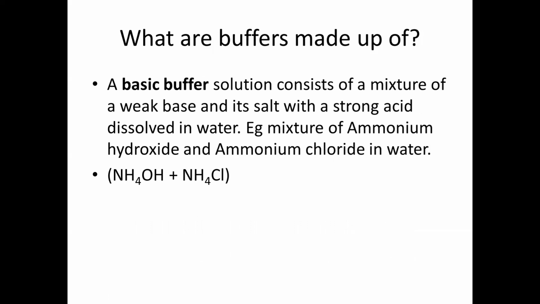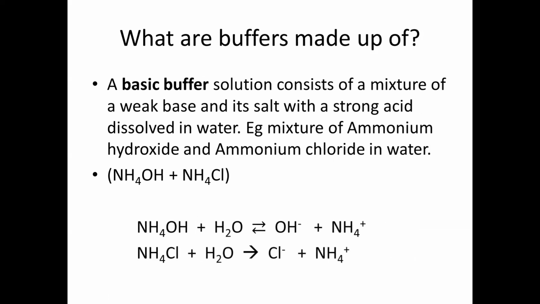Now, with these two components present in water, ammonium hydroxide is in equilibrium with the ammonium and hydroxide ions, that is the undissociated ammonium hydroxide and the dissociated ammonium and hydroxide ions. And ammonium chloride, being a strong electrolyte, will be completely dissociated into ammonium and chloride ions. Okay, so this was the composition of a basic buffer.